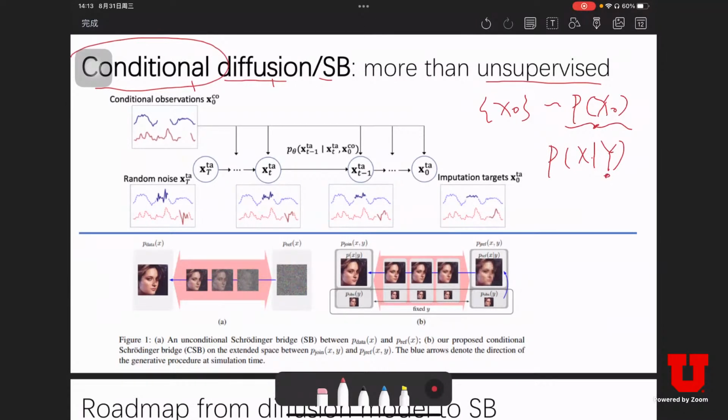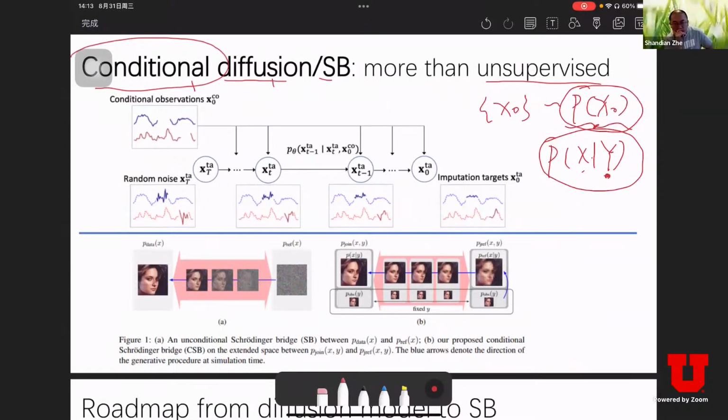So actually, the goal is we just want to model the distribution of these things. One is the conditionals. These conditionals could be some label, maybe dog or cat or something, or the observed values, and X should be the missing value or something. So we just replace all the p(x0) in the previous framework with this conditional distribution, and we get conditional diffusion or the conditional Schrödinger bridge.